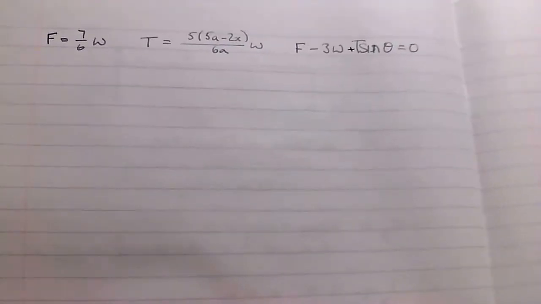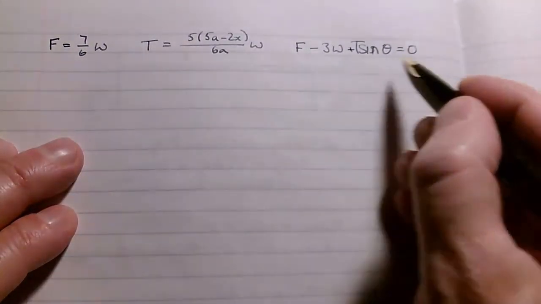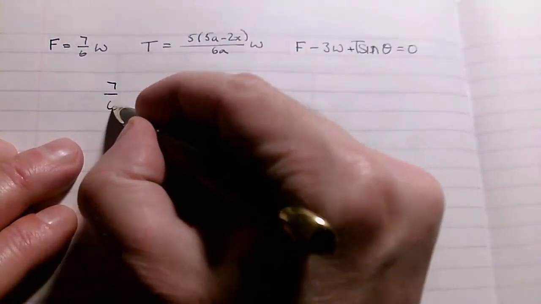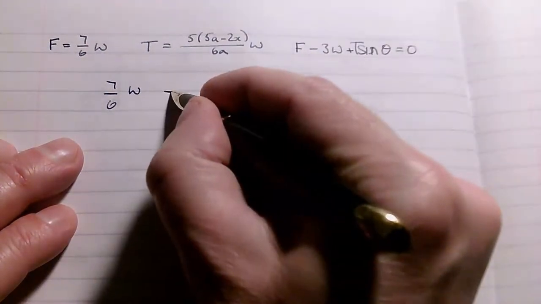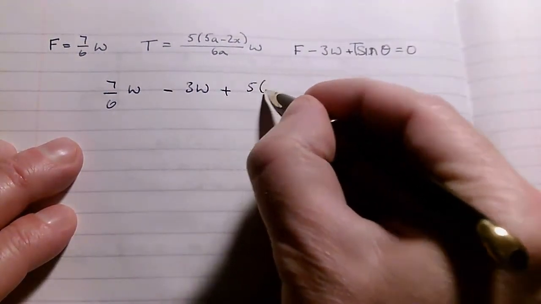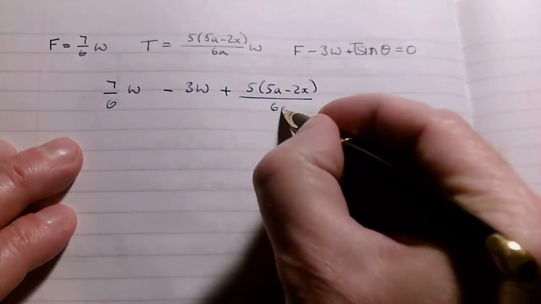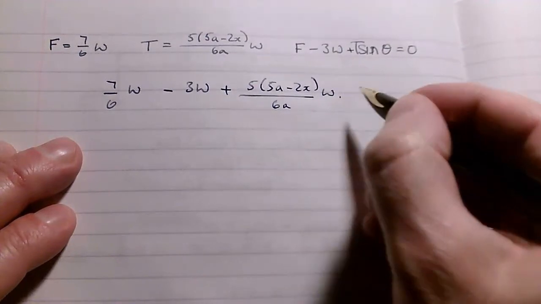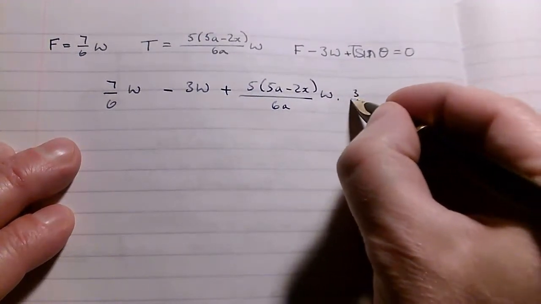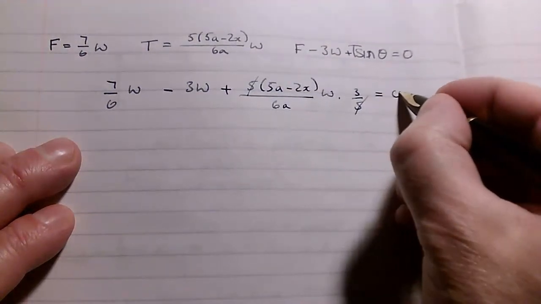So here are the three pieces of information that I've got to put together. So I'm going to sub into this equation. F I now know is 7 over 6w, minus another 3w, and then plus t, which is this big expression here. And I've got to multiply that by sine of 3 theta, which we found before was 3/5. So that 5 is going to cancel that 5, and this all equals 0.